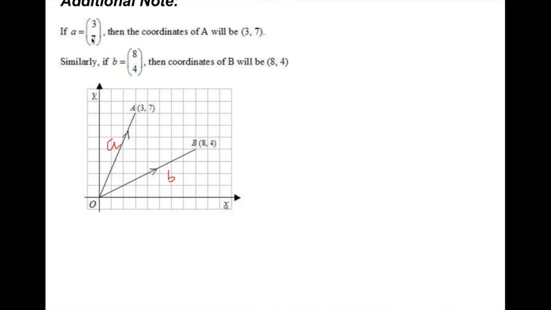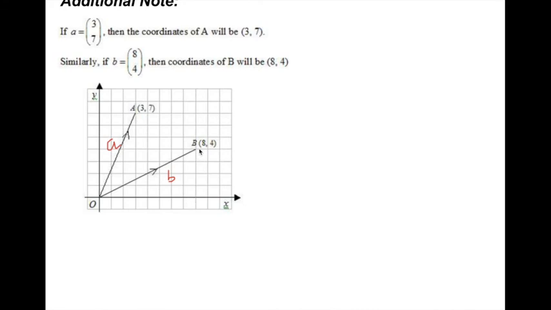So if you're given vector A equal to 3, 7, then the coordinate of A will be 3, 7, because you measure from the origin 3 units to the right and 7 units up, and this is vector A. Similarly, if vector B is equal to 8, 4, then the coordinate of B will be 8, 4, 8 units to the right and 4 units up.